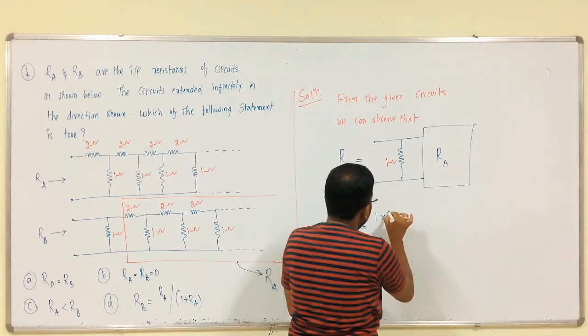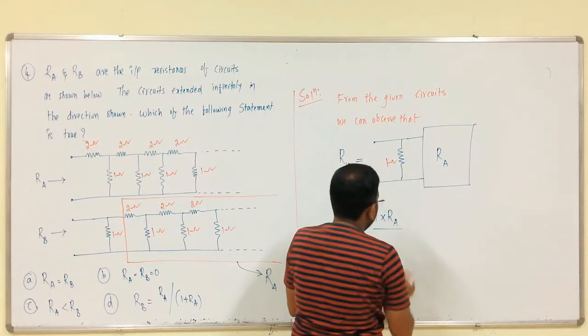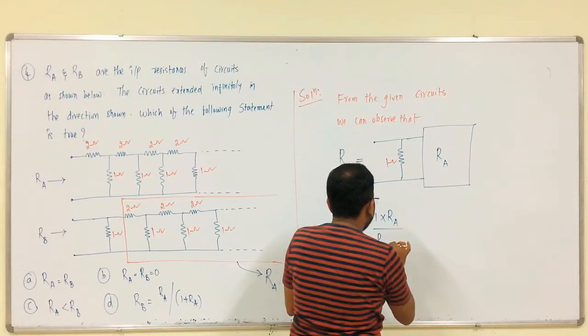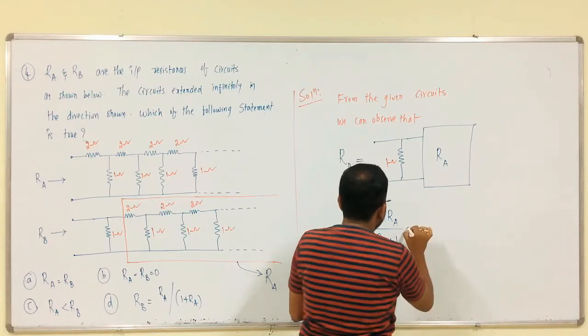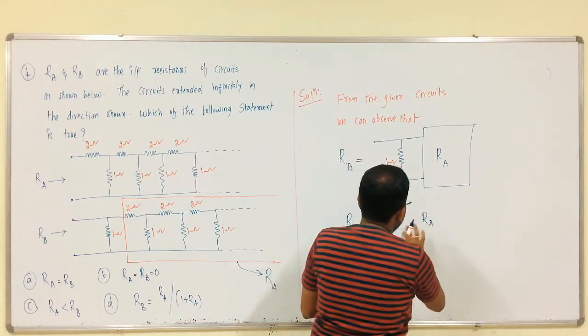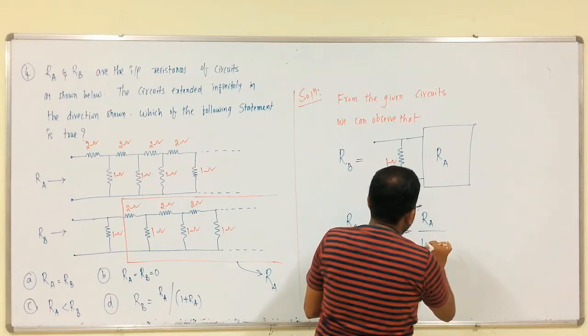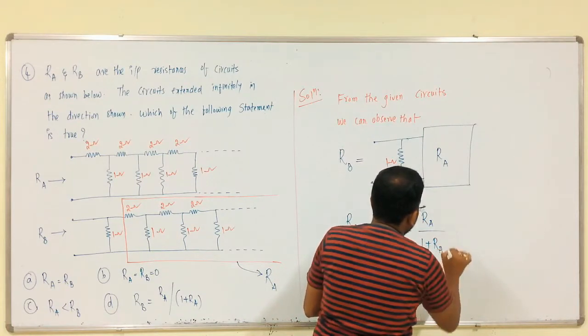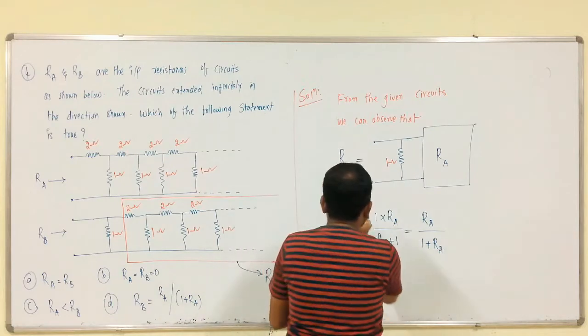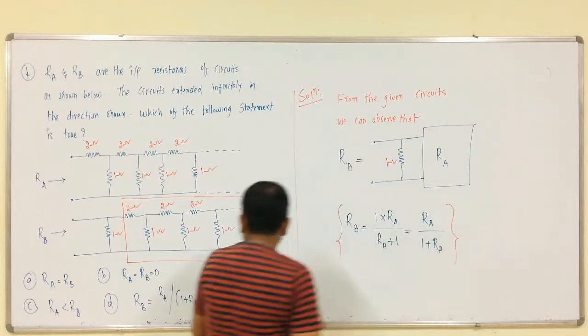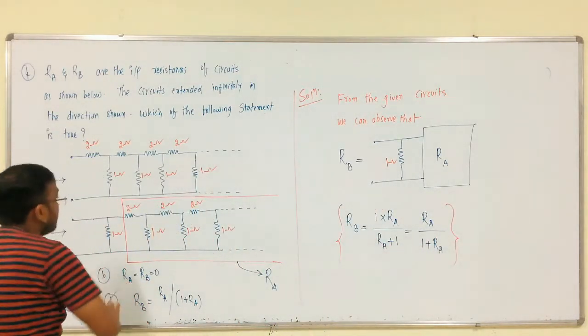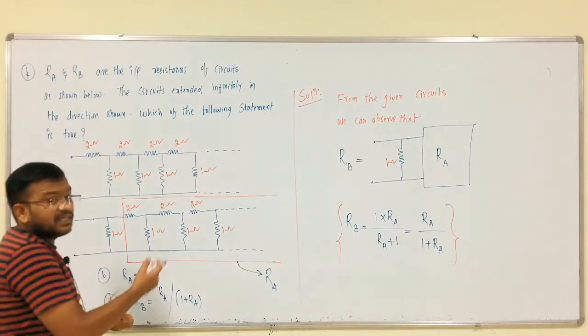Therefore, 1 into RA by RA plus 1, which is equals to RA by 1 plus RA. This is a previous GATE problem.